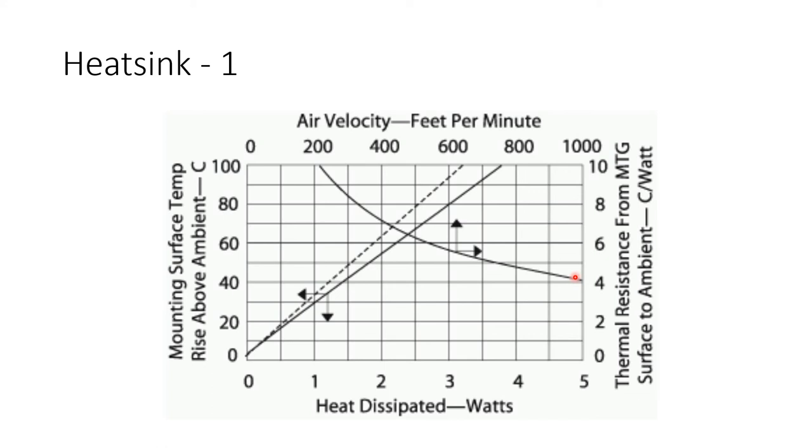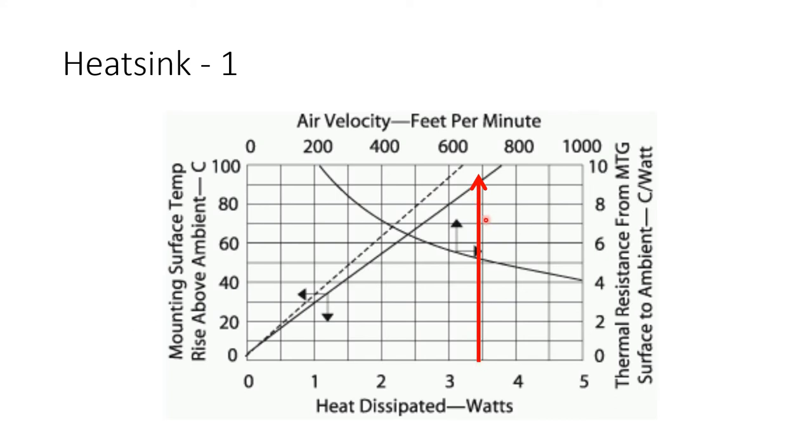But how are we going to use this graph in our daily life? It's actually very useful and simple to use. First I'm going to use the first graph line, which is the temperature rise versus power dissipated. We know that we are going to be dissipating 3.4 watts of power using this heatsink. So we can draw a line from this y-axis.